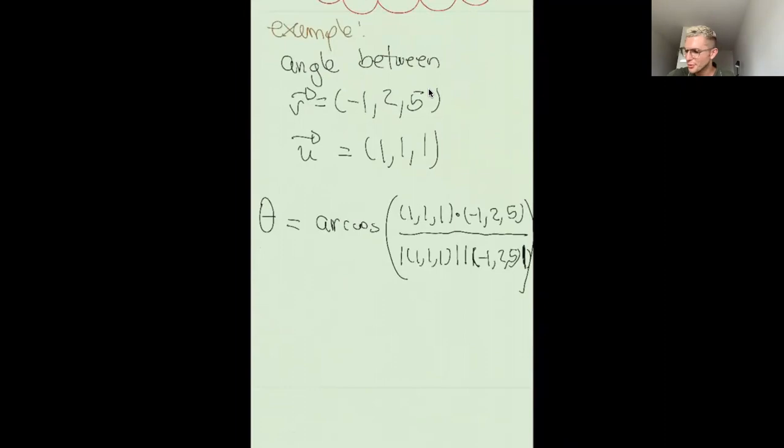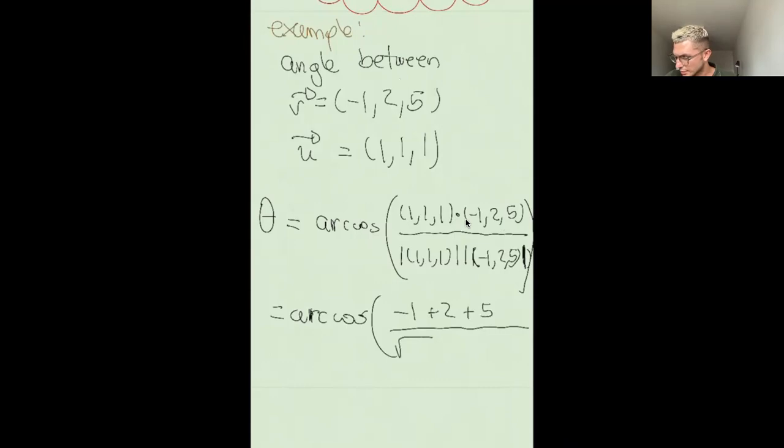But now we know how to do all of these things, right? The numerator, what is it equal to? Remember, you multiply all the entries. So 1 times negative 1 gives you negative 1. 1 times 2 gives you 2. And 1 times 5 gives you 5.